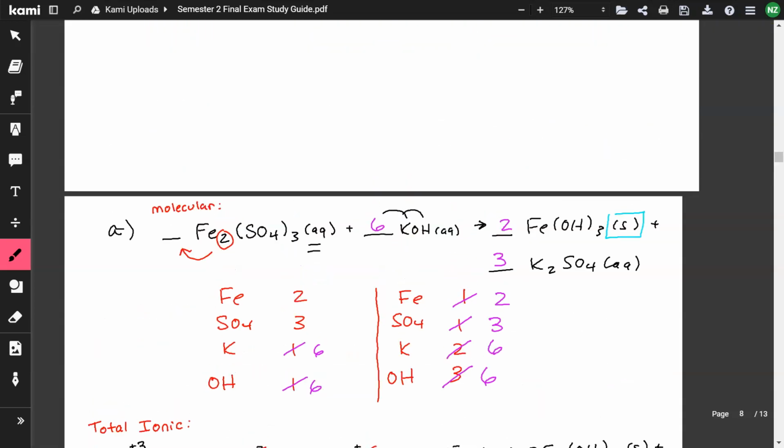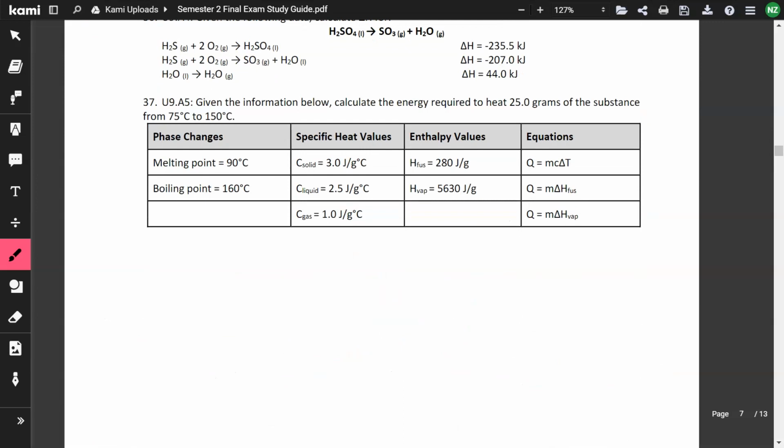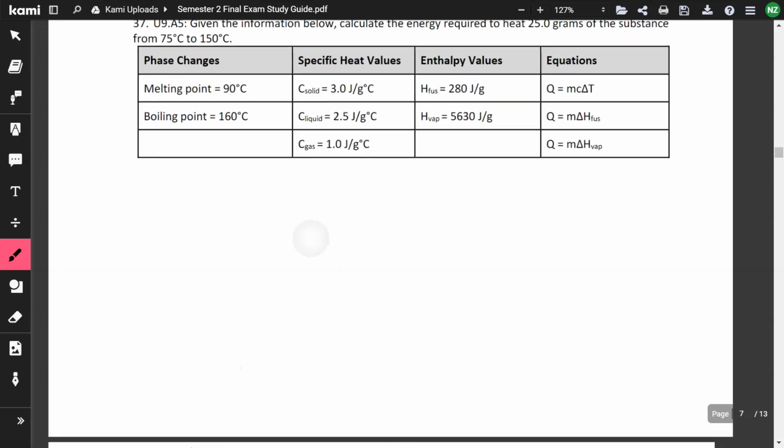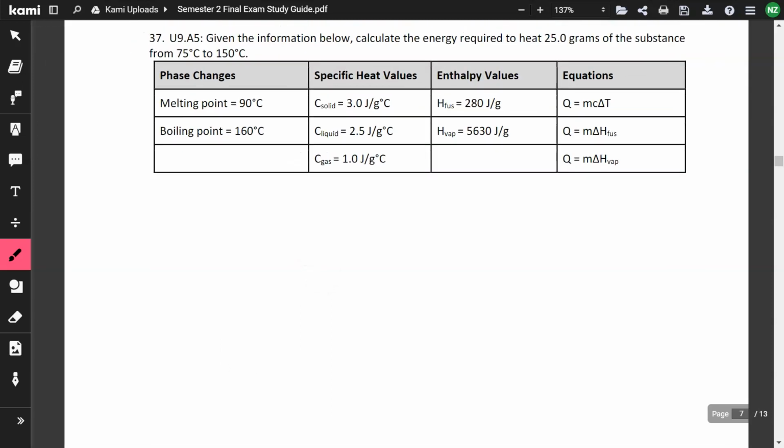Where did our graph go? Okay, it says, given the following information, calculate the heat and energy required to heat 25 grams of the substance from 75 degrees to 150 degrees. So looking at the data table, I don't know what's what. So I'm going to just quickly sketch out a graph here.